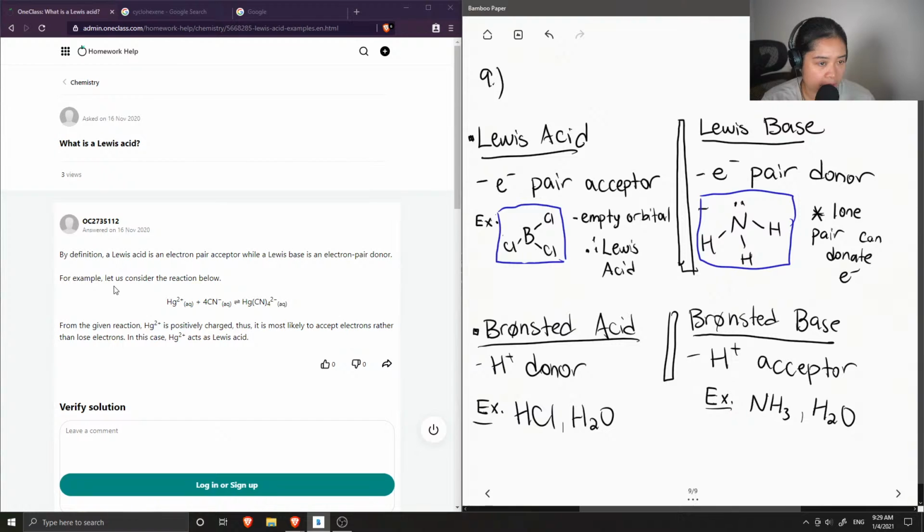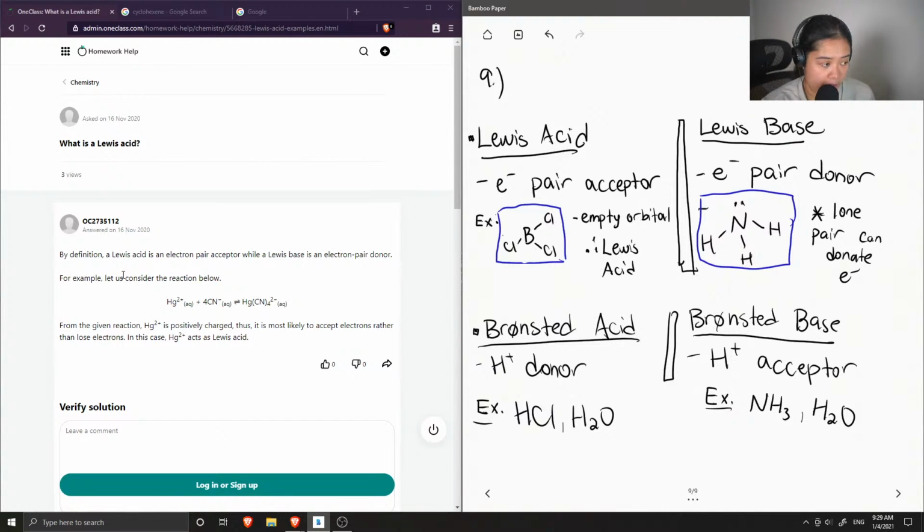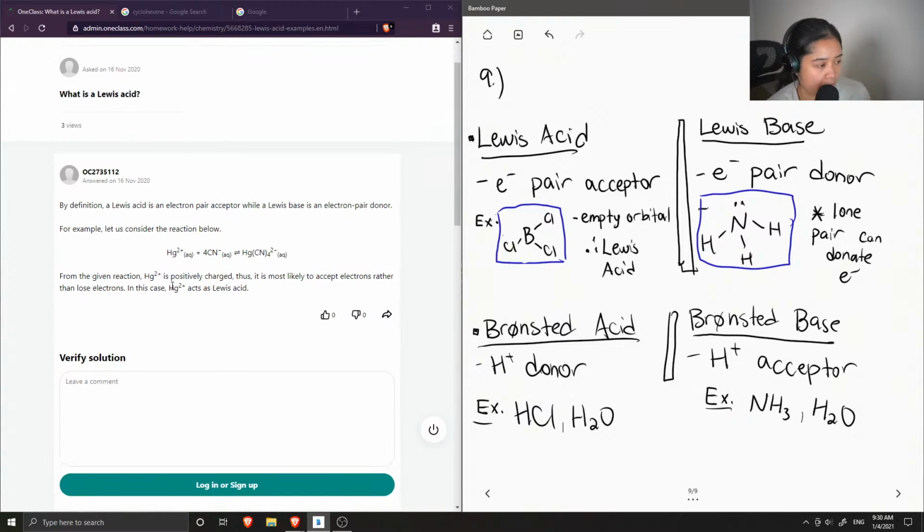So the junior tutor said that by definition, a Lewis acid is an electron pair acceptor, while a Lewis base is an electron pair donor. For example, let us consider the reaction below. We have mercury 2+ and 4 cyanide ions makes mercury cyanide.